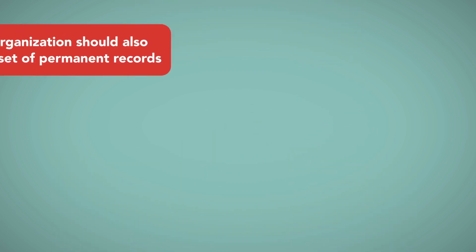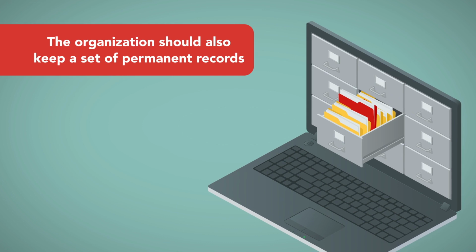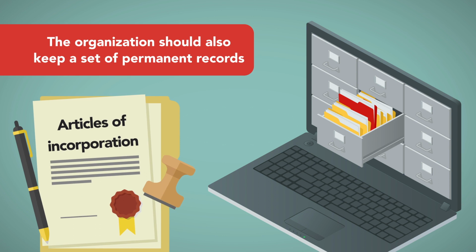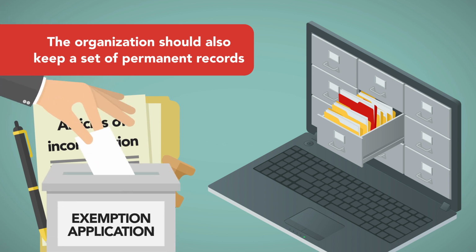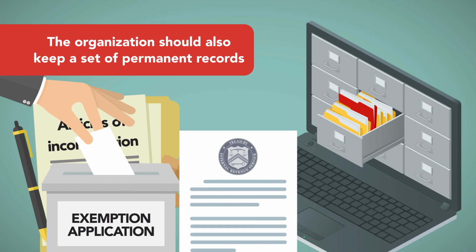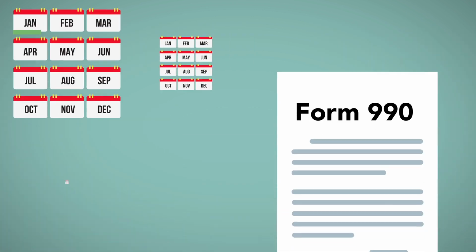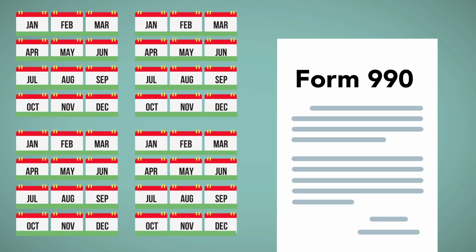The organization should also keep a set of permanent records, which includes a copy of the Articles of Incorporation, the exemption application filed with the IRS, and the IRS determination letter establishing exempt status. Most exempt organizations are required to file annual returns on IRS Form 990.